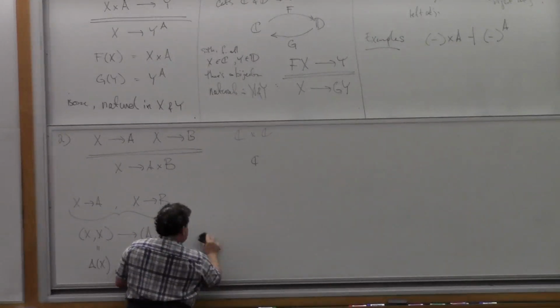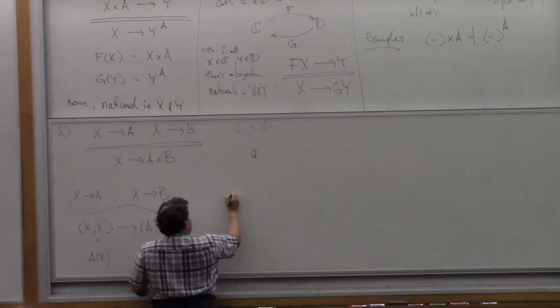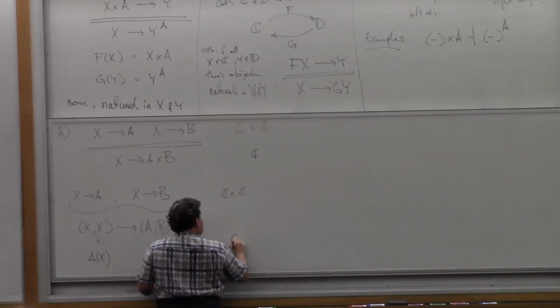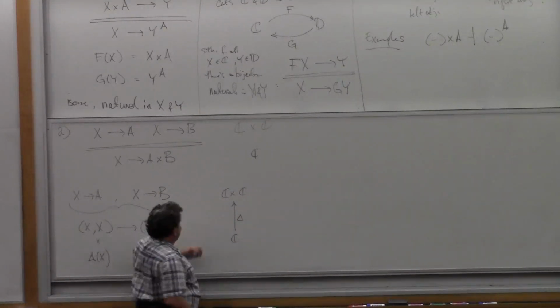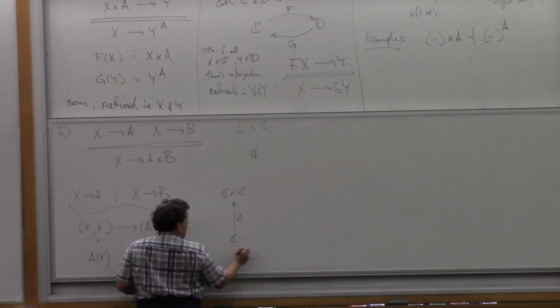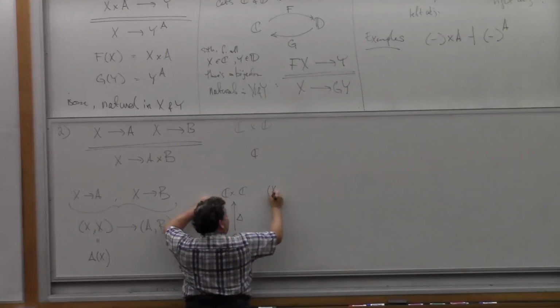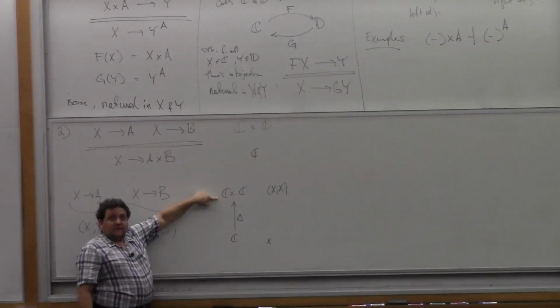Well, let's do it this way. I have a functor. Here, I'll just write it right here. C cross C. I have a functor delta going up into C cross C. It takes an object x and it just pairs it with itself. It's a very trivial kind of operation there, right?